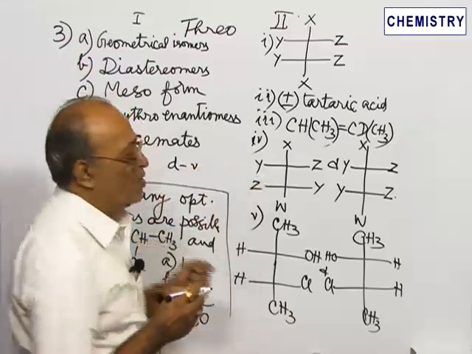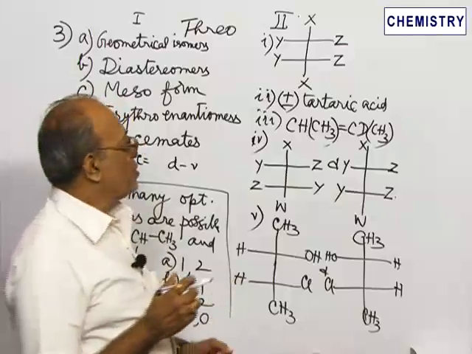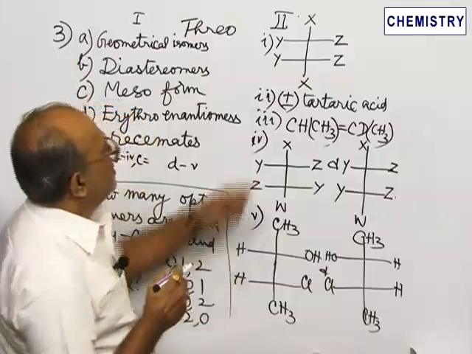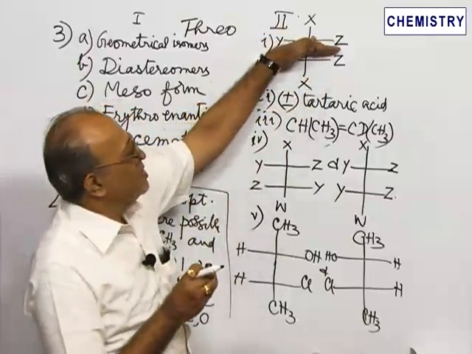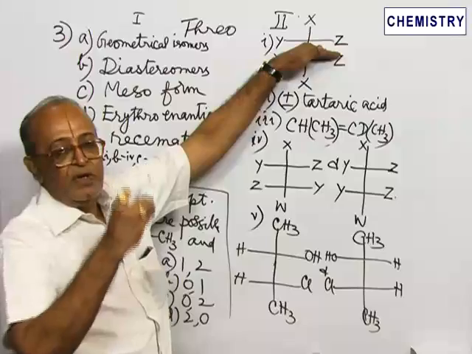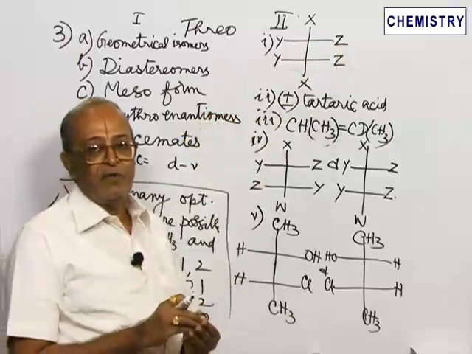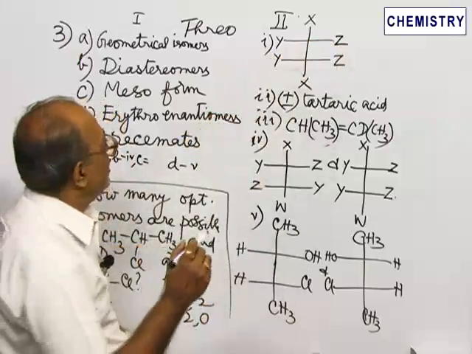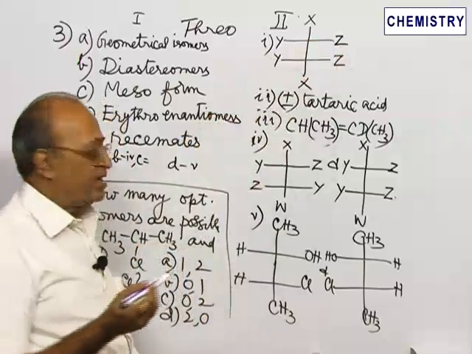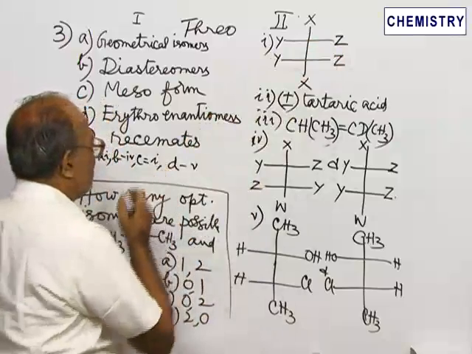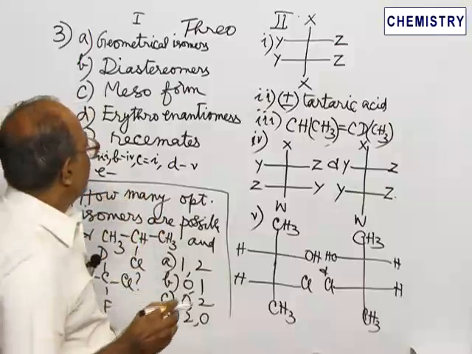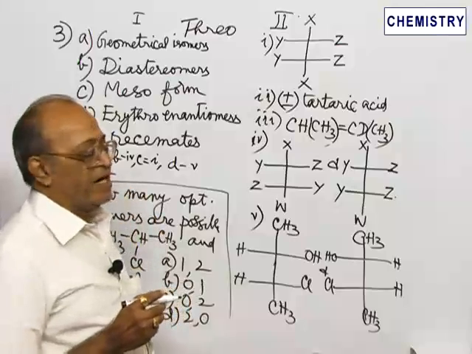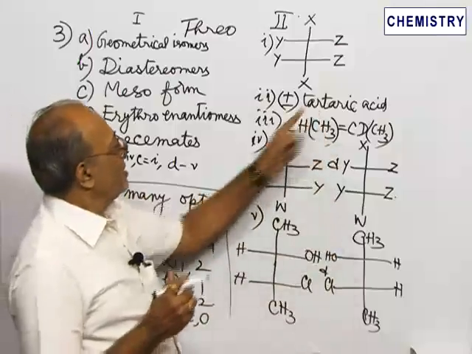For C, mesoform. Consider 1. If you have a plane of symmetry here, the top and bottom half of the molecule will bear the mirror image relationship. That is the characteristic feature of the mesoform. D, already we have seen. So the only thing that is left out is racemates, racemic mixture, 2.